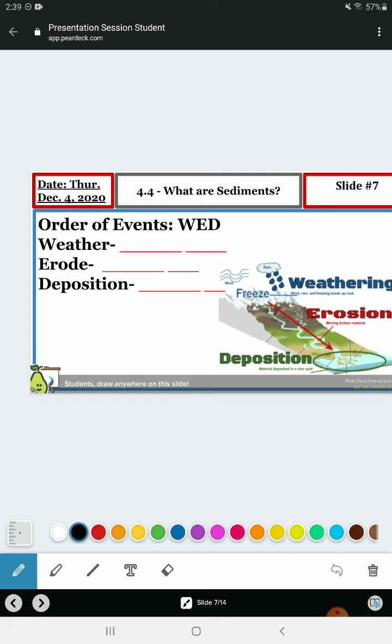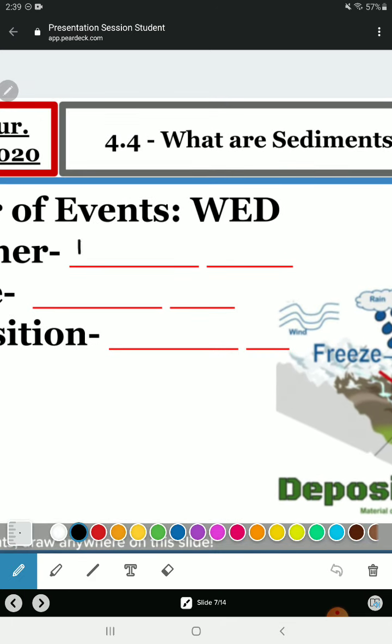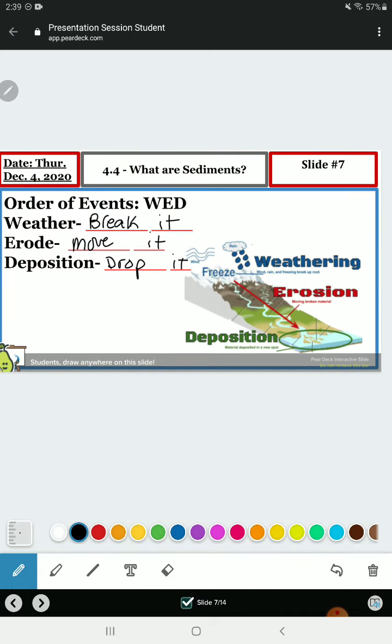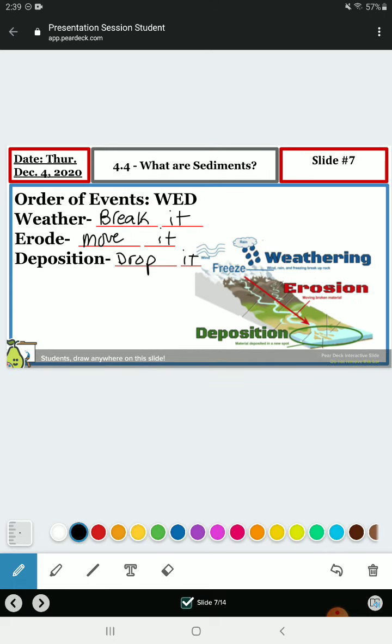W-E-D. If you weather, you break it. If you erode, you move it. And if you deposit it, you drop it. And if you have a toy from the 90s, you bop it. If you guys get that reference.